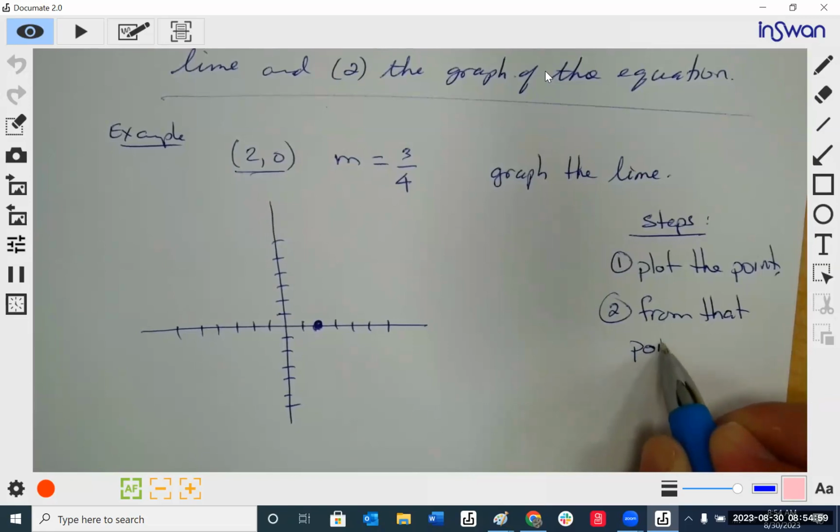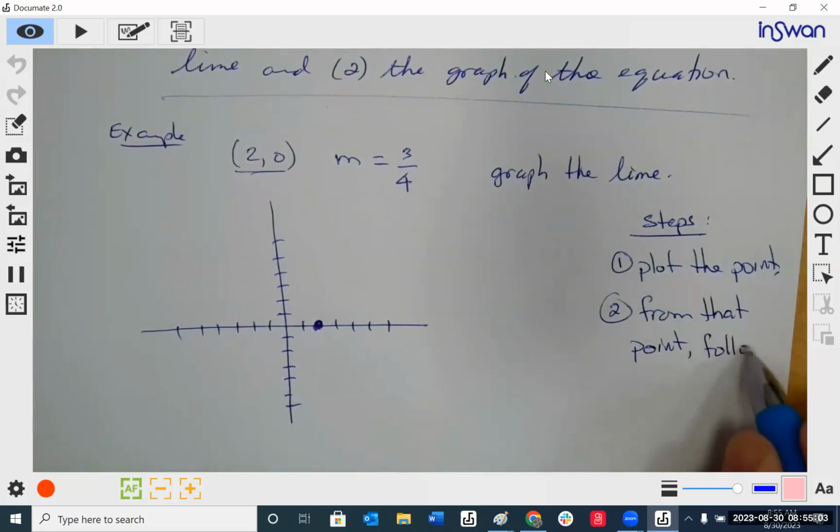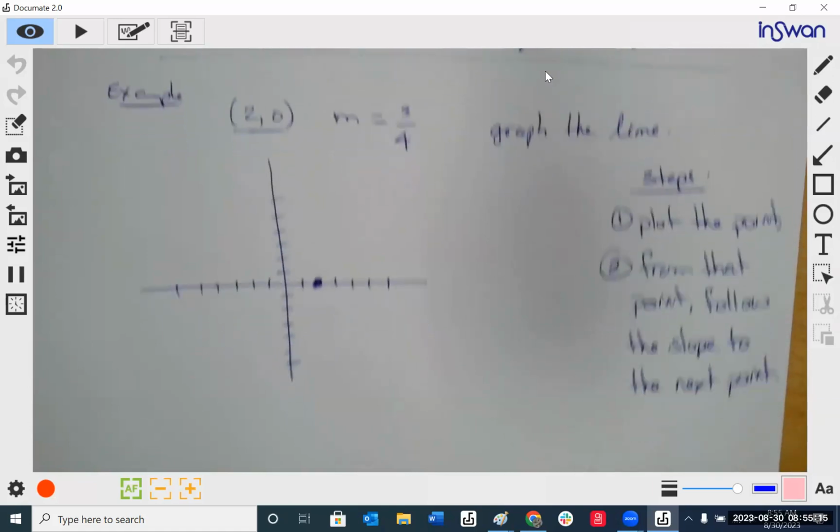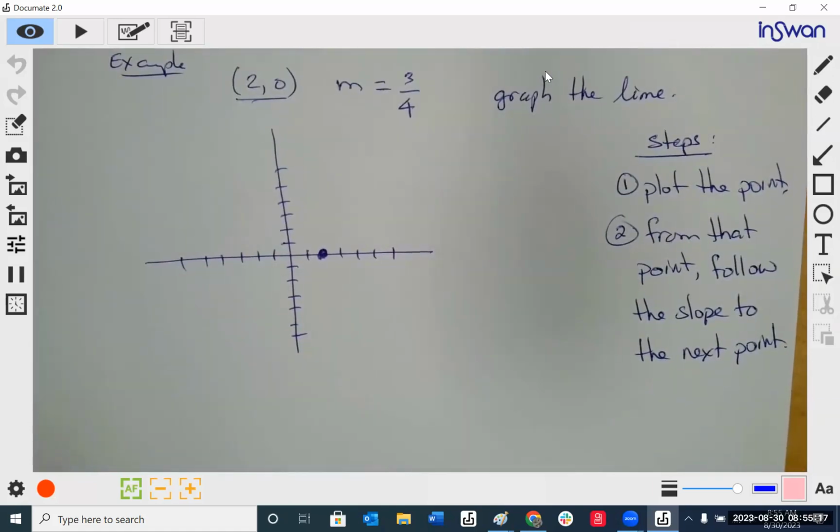From that point, follow the slope to the next point. Because remember, the slope of a line means that that's the relationship between each point on that graph.